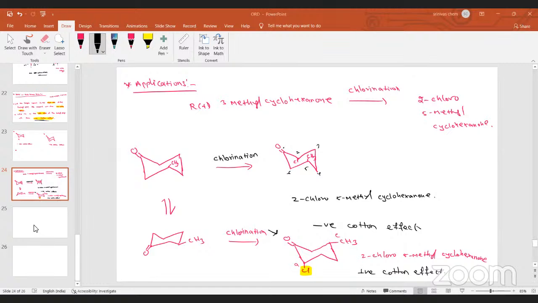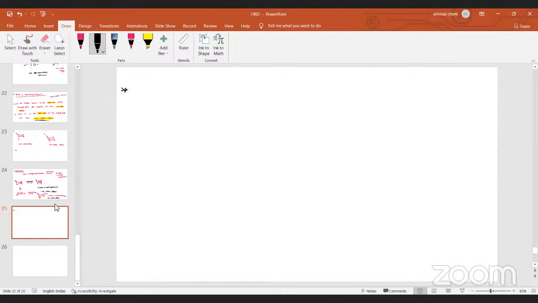See another example: trans-1-decalone. Bromination of this trans decalone, in chair form, with hydrogen and the C double bond O at position 4.